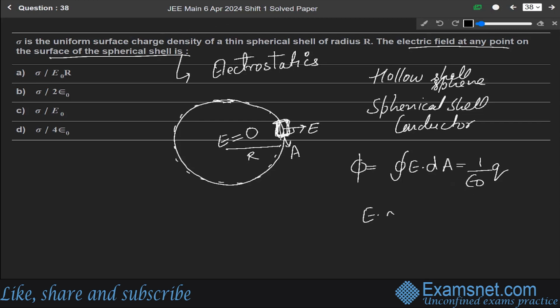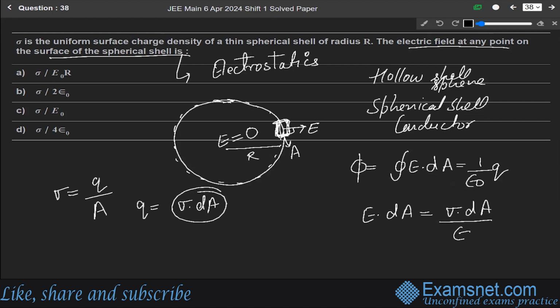We know that surface charge density sigma is charge over area, so charge will be sigma into area, dA here. So in place of Q, we write sigma dA over epsilon naught. dA cancels out. So the electric field at any point on the surface of this spherical shell is sigma over epsilon naught. So the correct answer is option C, sigma over epsilon naught.